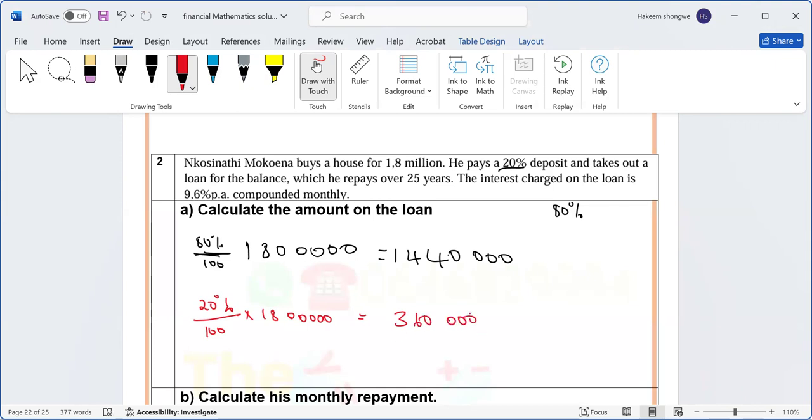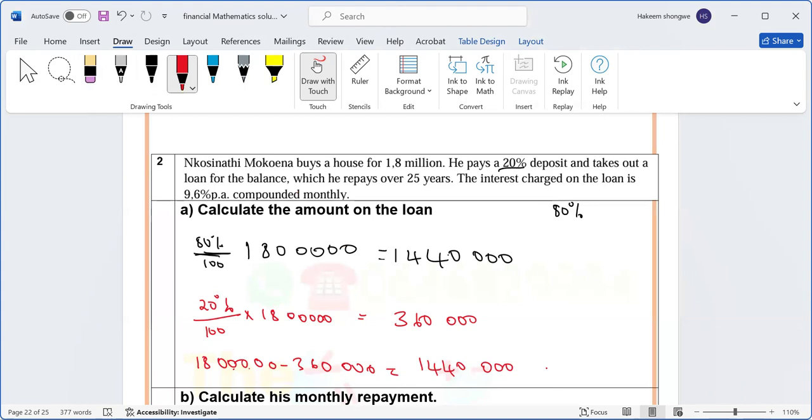So if you pay 360,000, then we say 1.8 million minus 360,000. If we subtract 360,000, how much do we get? It's 1,440,000. Okay, so these are the two options that we have.